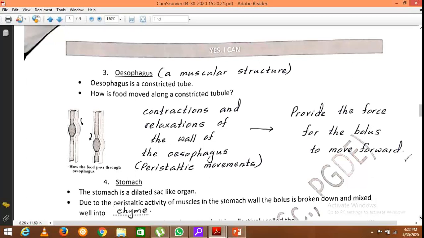Actually, as this is a muscular structure, there is the ability to contract and relax. The contractions and relaxations happening in the wall of the esophagus, which we call peristaltic movements, provide the force for the bolus to move forward.